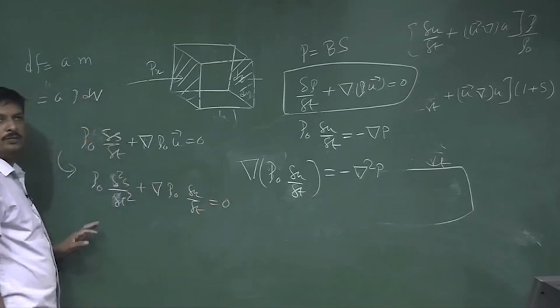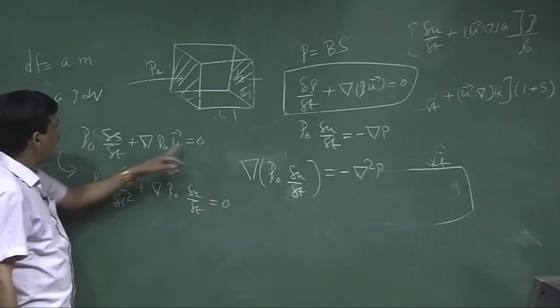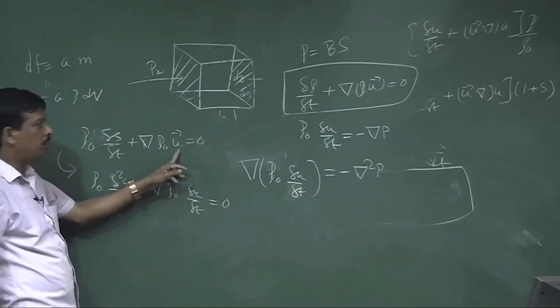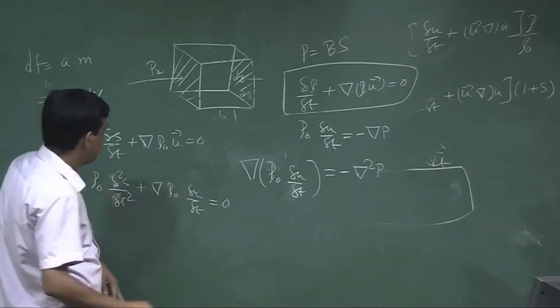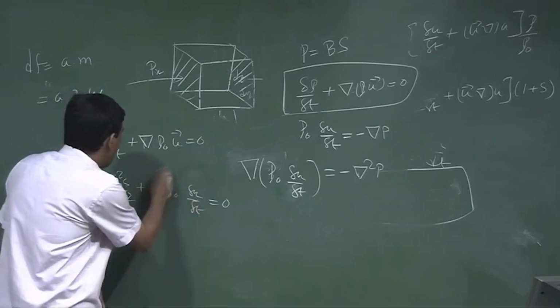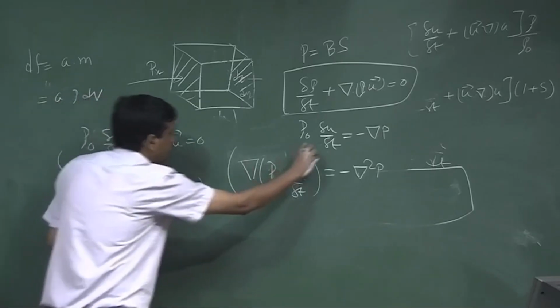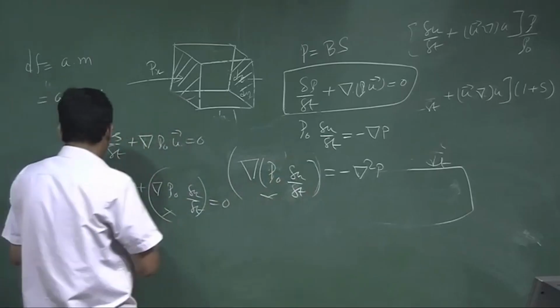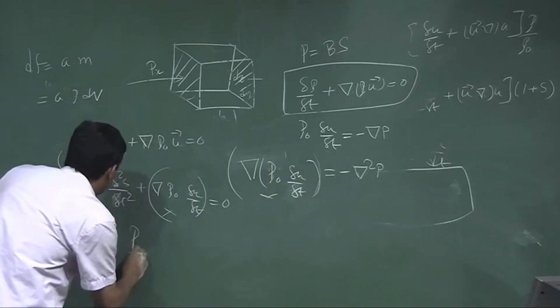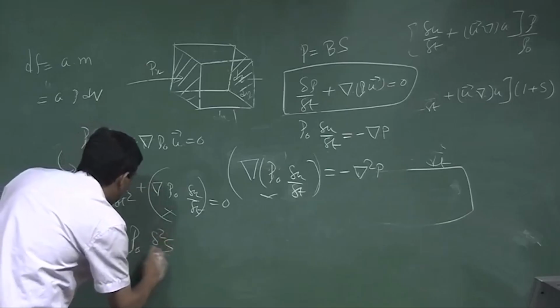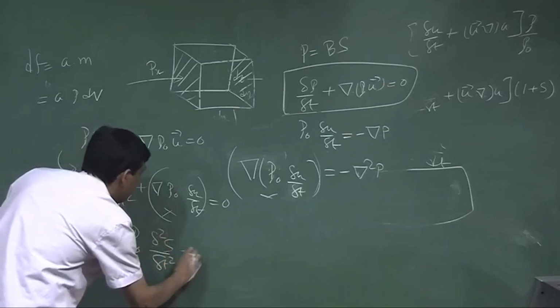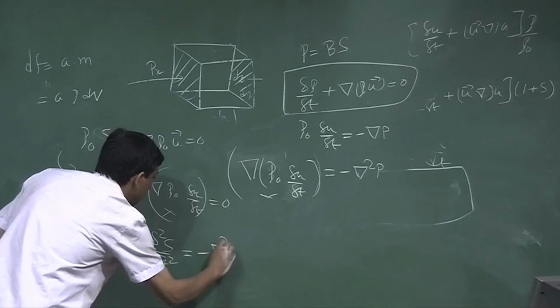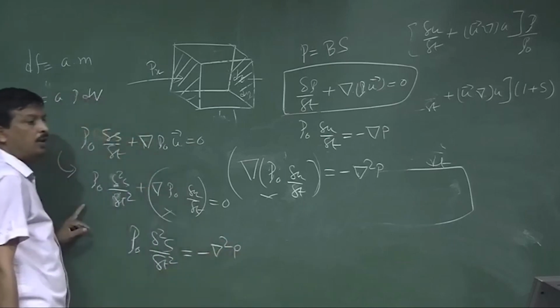Okay or not? I am taking the time derivative of both of these equations. So, now if you see, this term and this term are the same. So, I can write rho 0 del square s by del t square is equal to minus del square p.